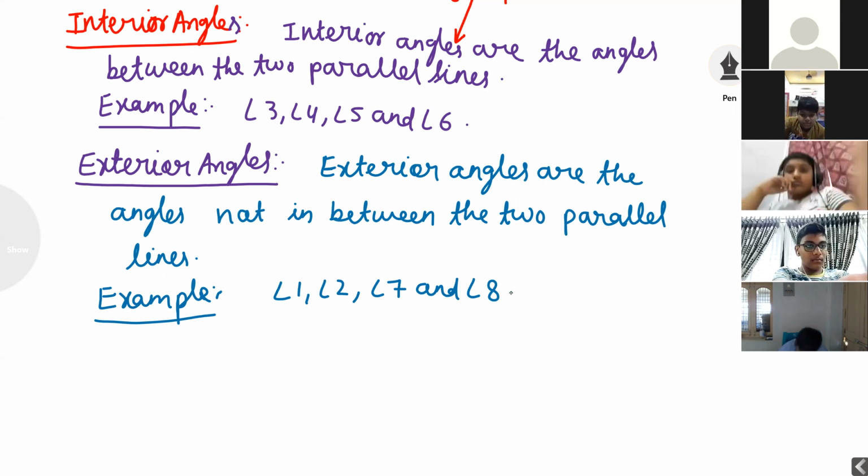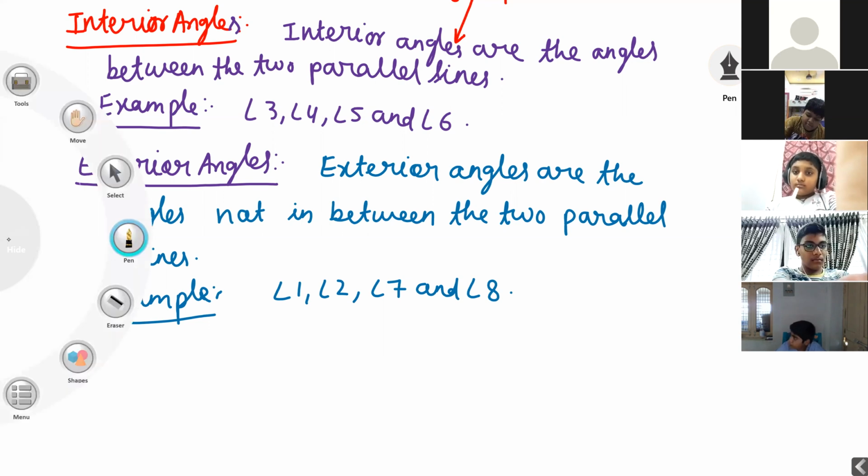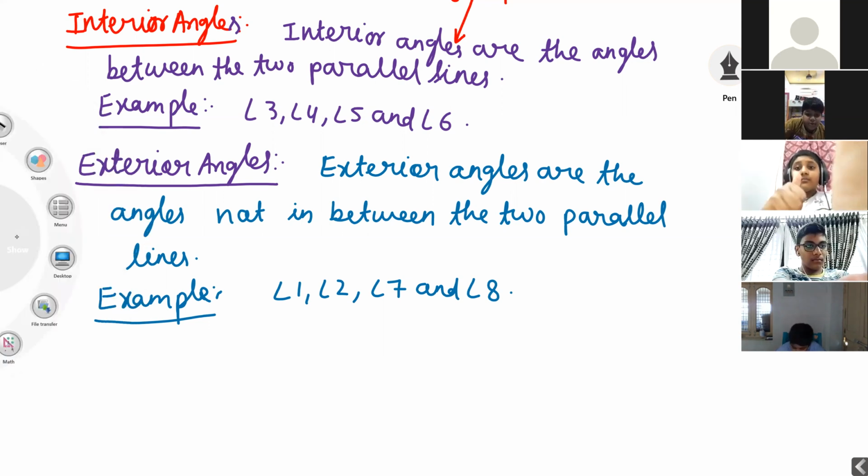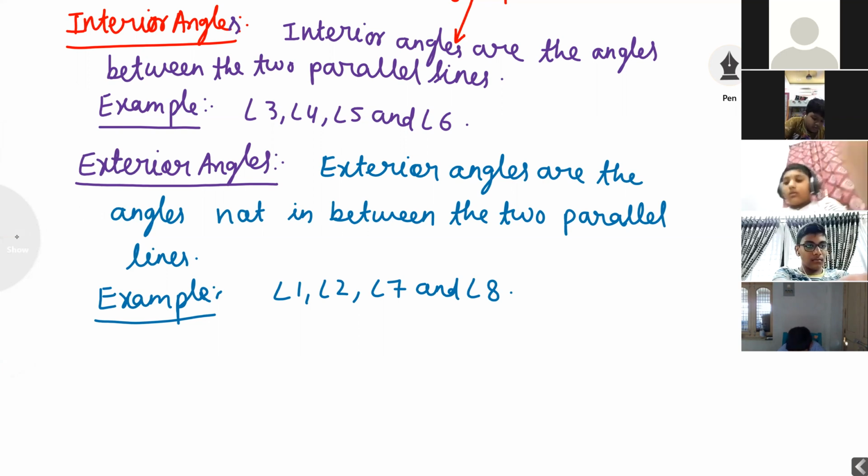Next concept, up to now completed, everyone. Exterior angles are the angles not in between the two parallel lines: angle 1, angle 2, angle 7 and angle 8.